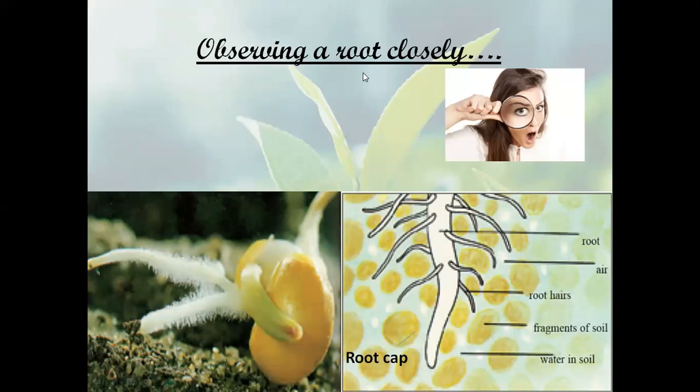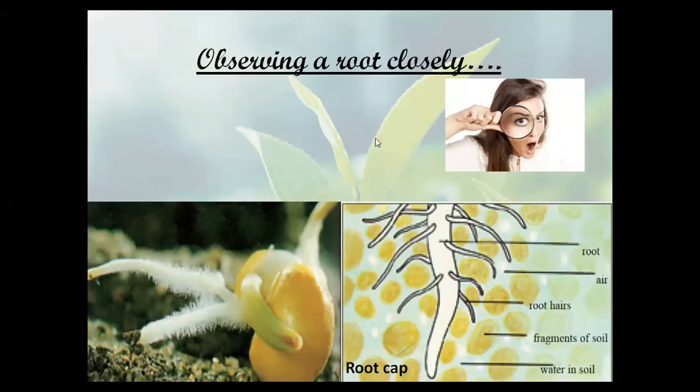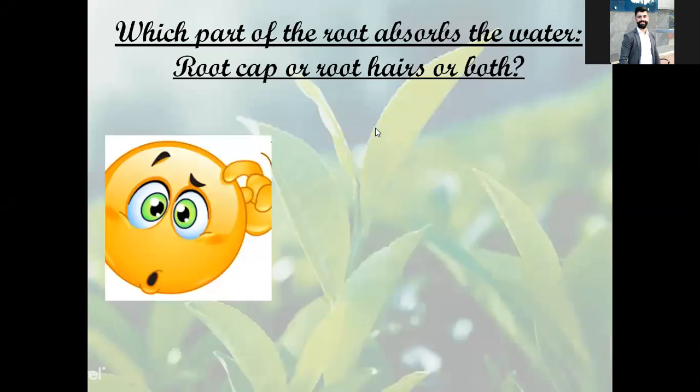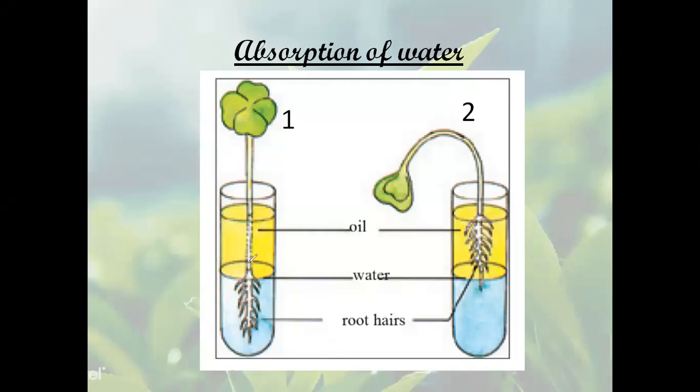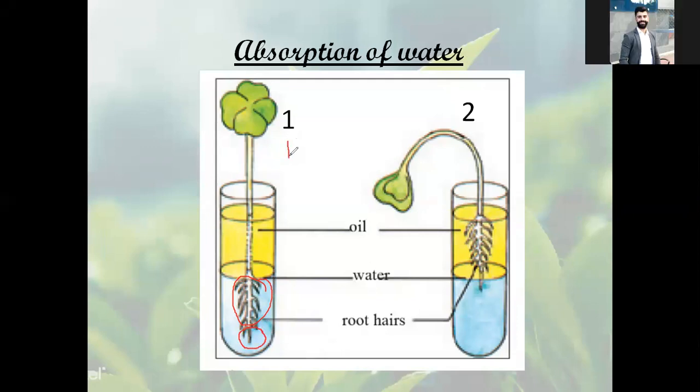The root cap and the root hair. Here we have to go deeper in this experiment. In plant one, the root hair and the root cap are both dipped in water, and the plant grows normally. However, in plant two, the root hair is in oil and the root cap in water.